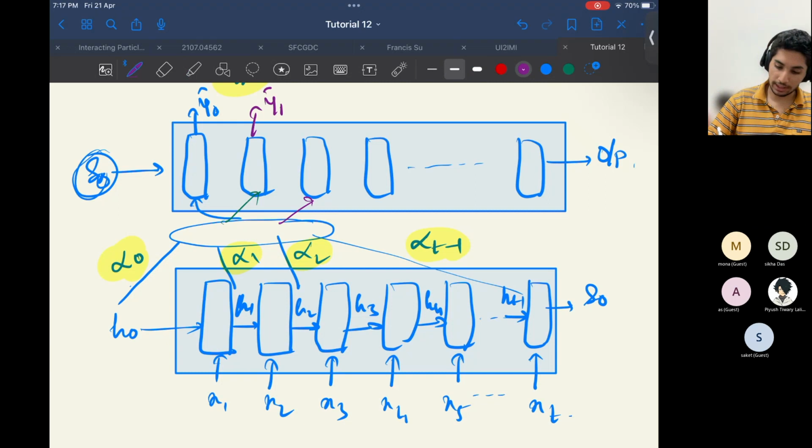So this will be y1 hat, y2 hat, y3 hat. Depending on which time step I am trying to predict, the values of these weighting coefficients will change.